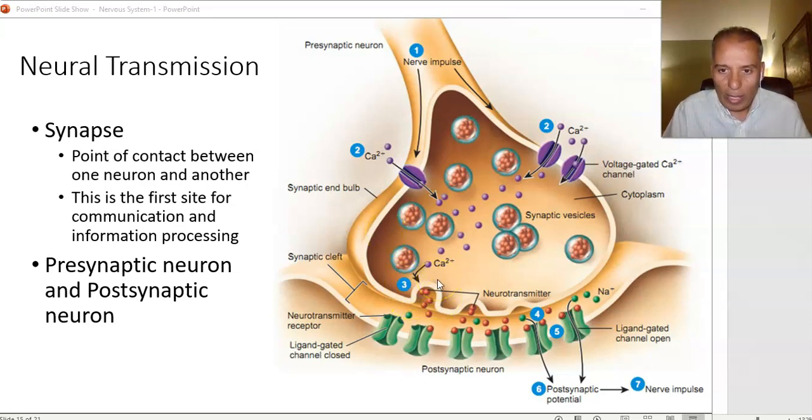And as that fusion continues and it becomes part of the membrane, it opens up on one end without exposing the inside of the cell to any elements from outside. So it's an ingenious way of dumping out the neurotransmitters without having to break the wall of the axon terminal.